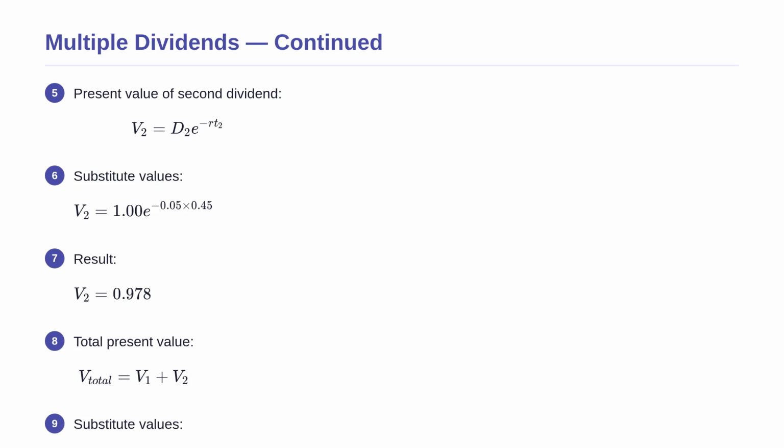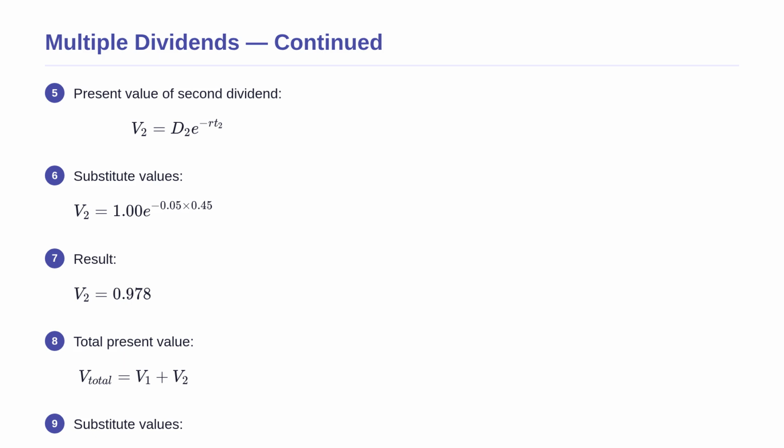The dividend is again $1 and the rate is 0.05, but the time is now 0.45 years. Substituting these values, the exponent becomes negative 0.0225. Calculating the exponential gives us $0.978. Notice this is slightly less than the first dividend because it is paid further in the future.